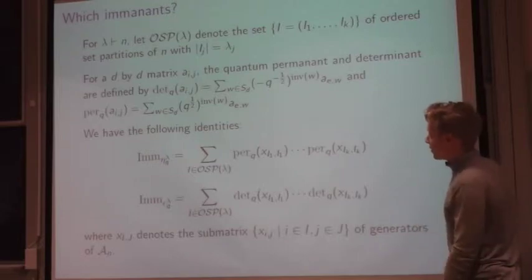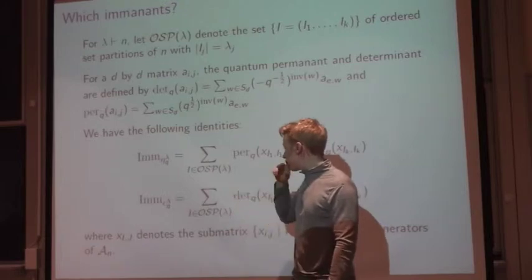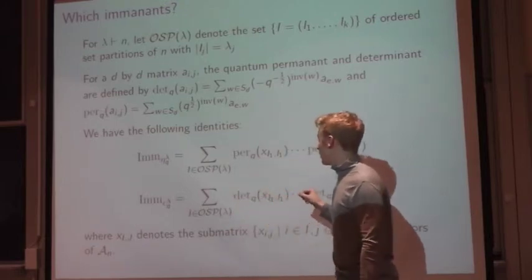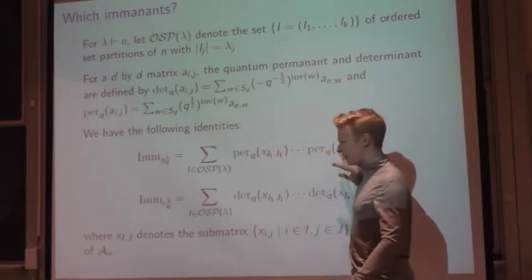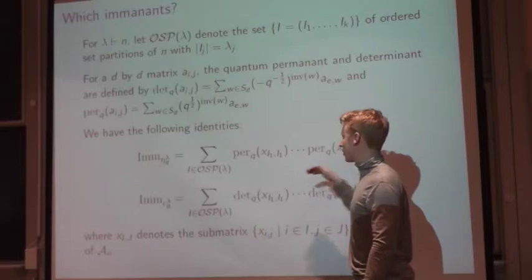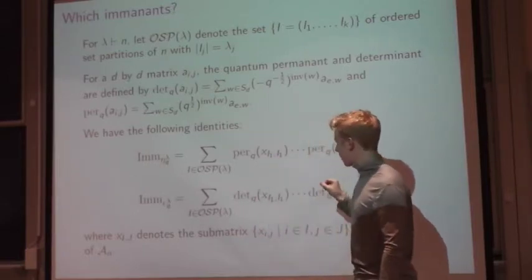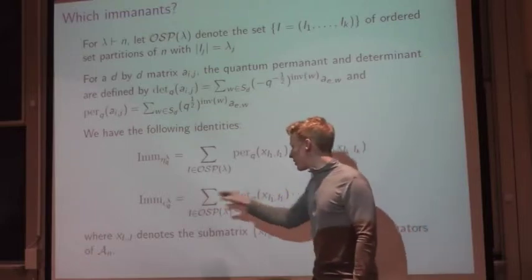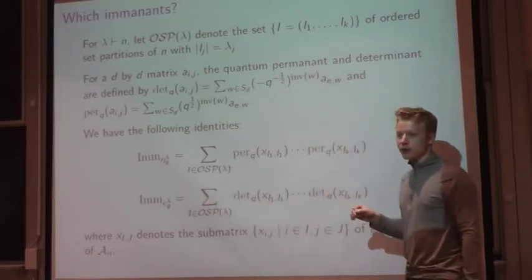And then with these definitions, I can say that the eta lambda immanant is a sum over all the ordered set partitions of the product of these permanents of the submatrix of the algebra generators corresponding to the set partition. And the epsilon lambda immanant is the same thing but with determinants rather than permanents.